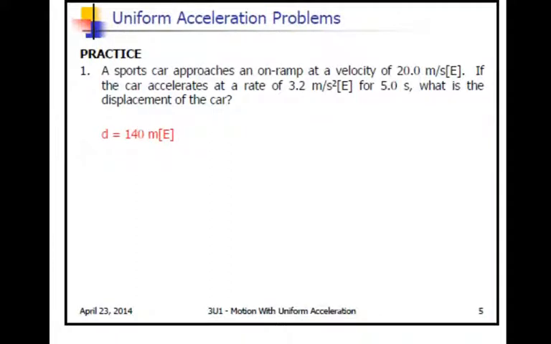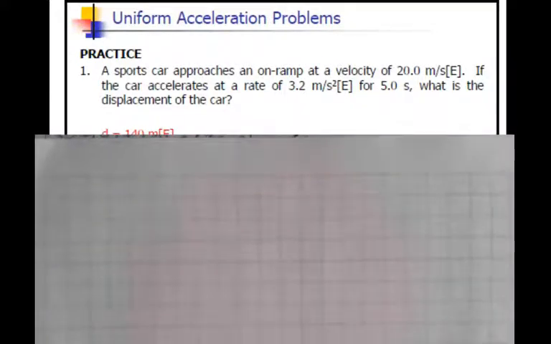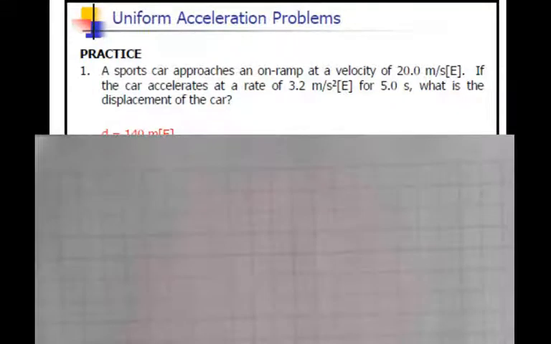Here it says that we have a sports car that is traveling on an on-ramp. It has a velocity of 20 meters per second, and it ends up accelerating at 3.2 meters per second squared for 5 seconds. We're asked, what is the displacement of the car?